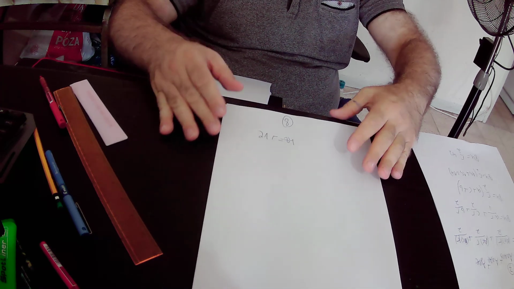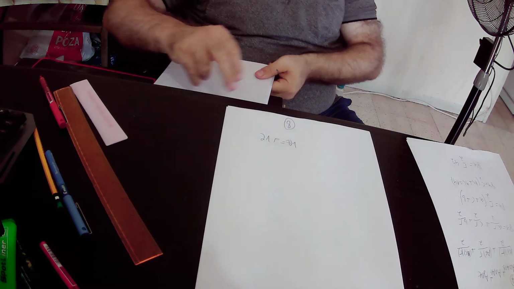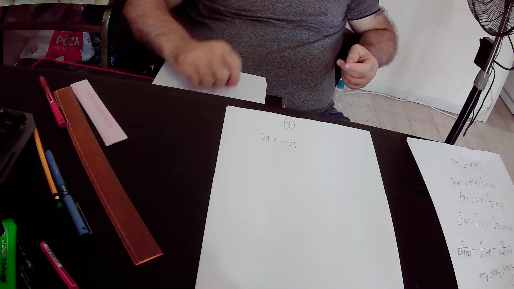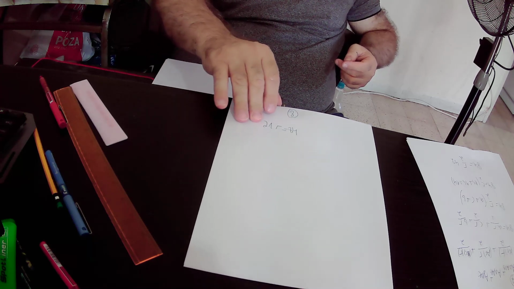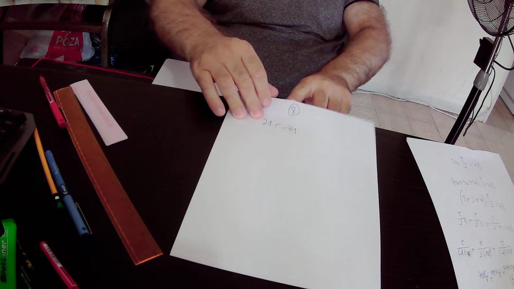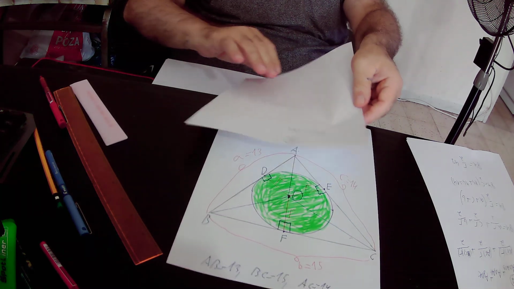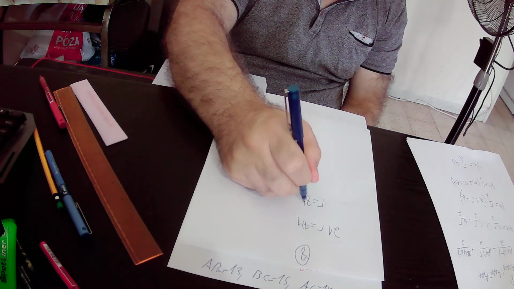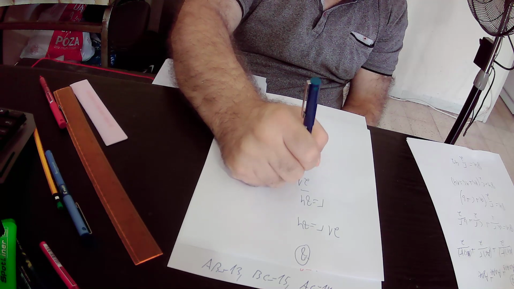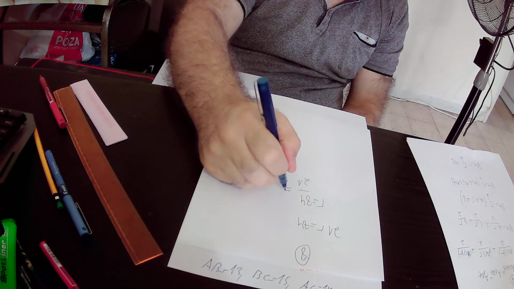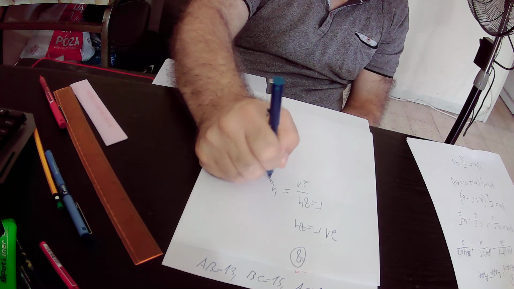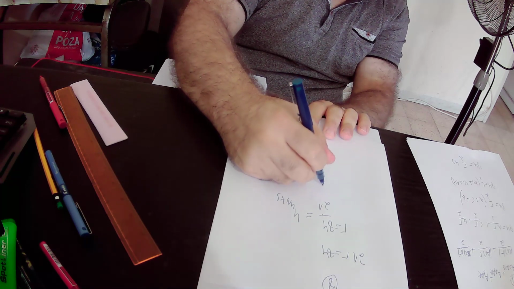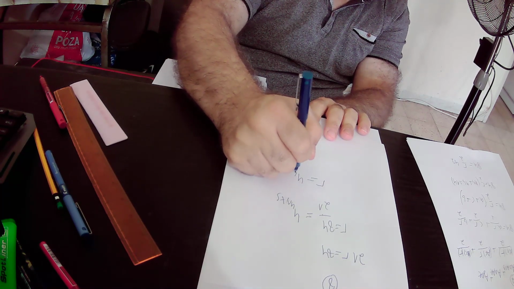Here we will divide this equality by 21 in order to get the value of R. So actually R will be equal to 84 over 21, and 84 over 21 is 4. So we found out that the radius of the green circle equals 4 units.